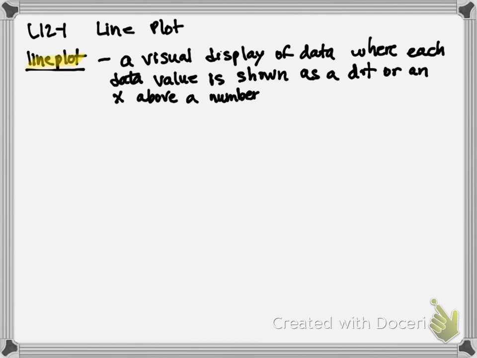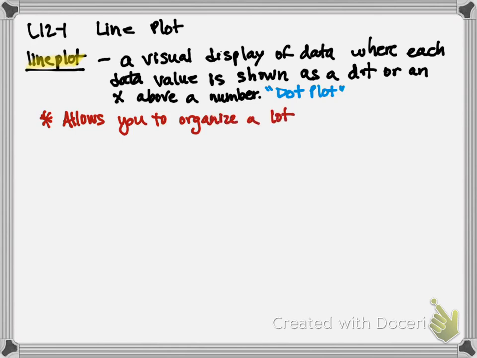We talked about this last week, that another name for a line plot is a dot plot. Sometimes line plots use X's, sometimes they use dots. Bottom line is, the importance of this is it allows you to organize a lot of data quickly.